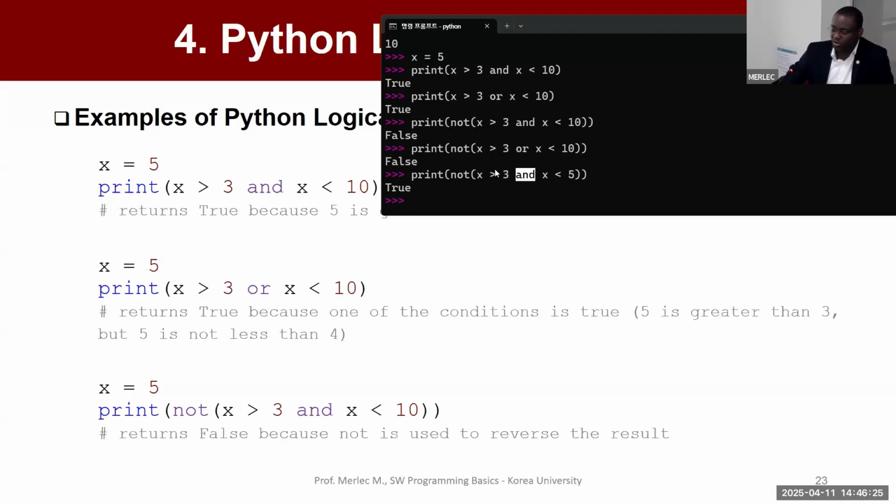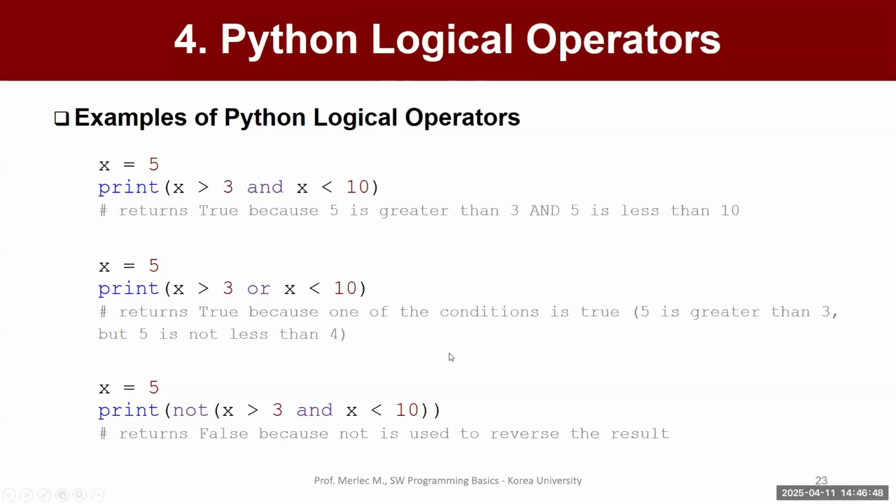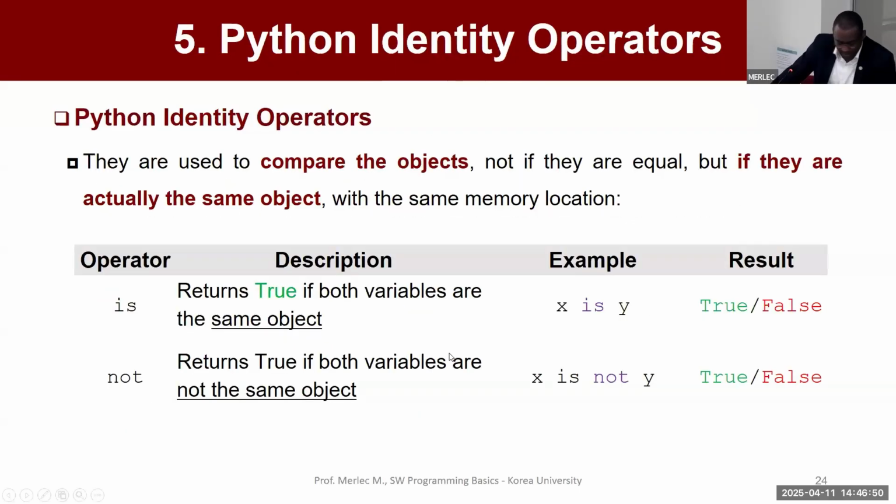And because one of those two expressions is false, the result will be false for this combined logical expression. And then I will put the not operator that will change the false into true. Is it clear? Yes, Professor. Yeah, if it's not clear, please ask a question. I can elaborate more.